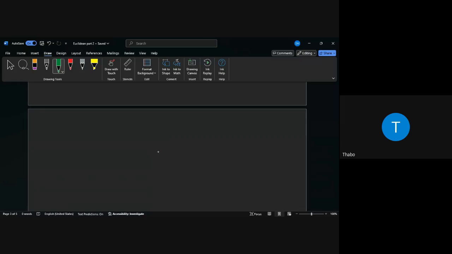So now, let me draw a circle. This time I don't need a center. I'm gonna draw this tangent from this point to somewhere here. So I'm gonna have AB, I'm gonna have CB.